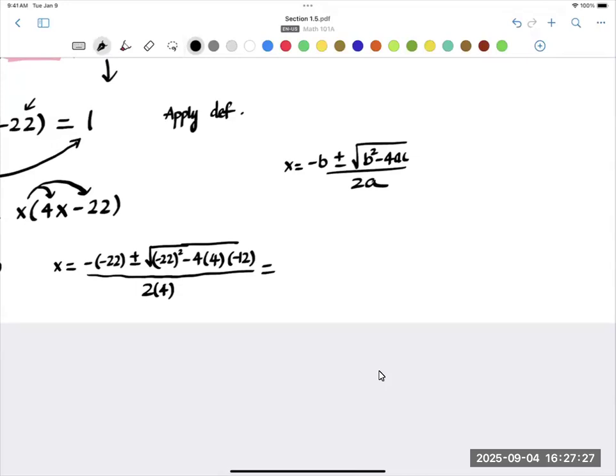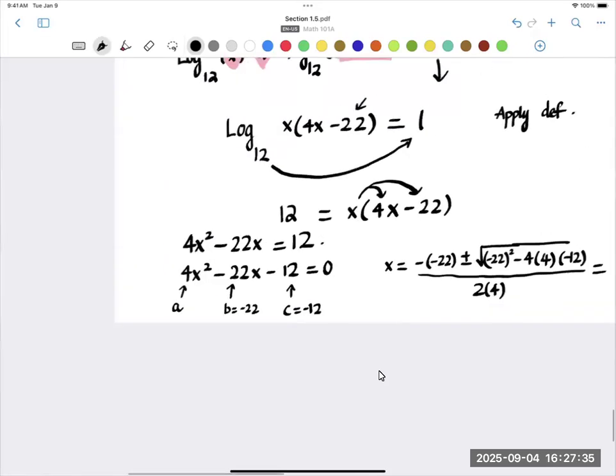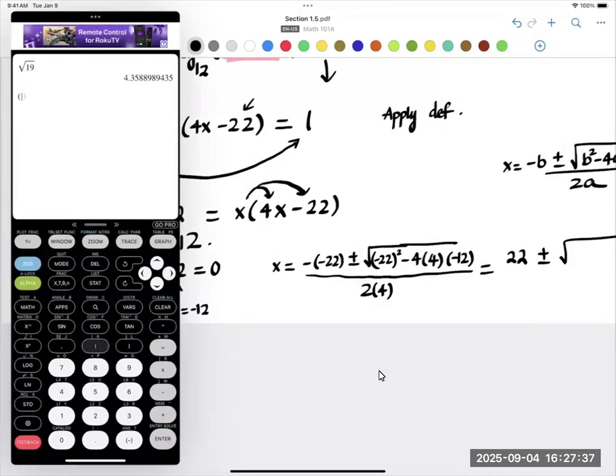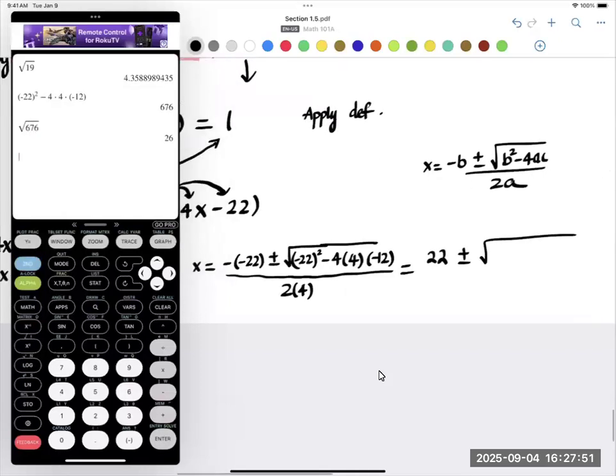Quadratic answer. So we're going to have positive 22 plus or minus the square root of negative 22 squared minus 4 times 4 times negative 12, which is the square root of 676, which is 26.